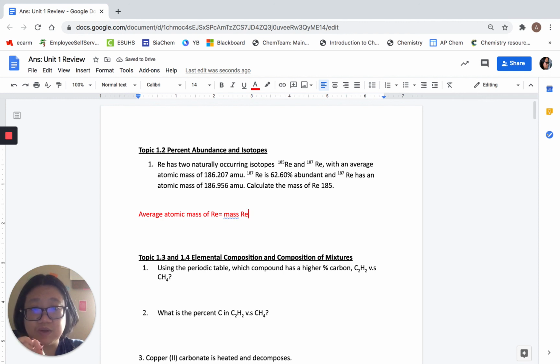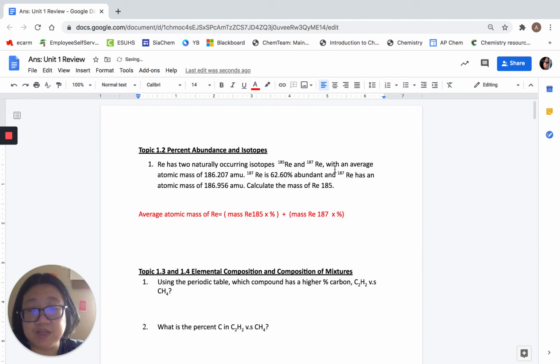In this case, we're going to look for Re-185 times its percentage, and then we're going to add it with the other isotope. In this case, the other isotope is 187. So we're going to say mass of Re-187 times the percent of that.